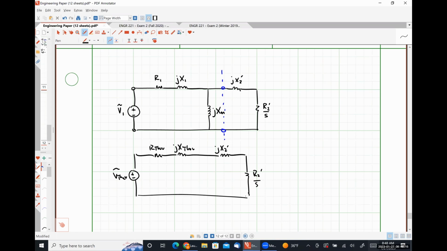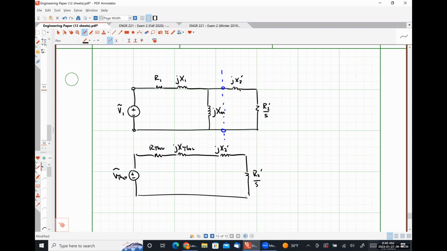Once we go through steady state sinusoidal analysis, I'll work a couple of examples where we simplify things using Thevenin equivalent circuits to avoid having to use mesh or nodal analysis. But for right now, it's a Thevenin circuit.